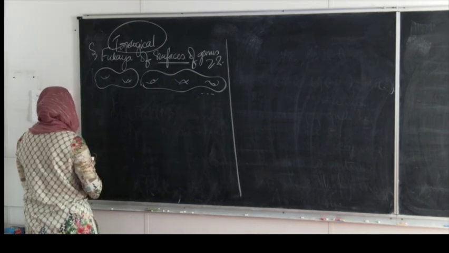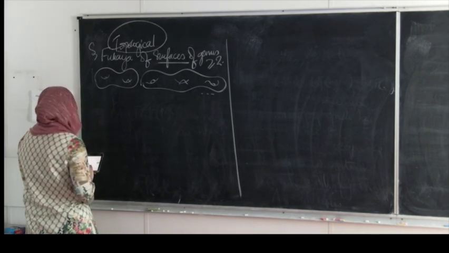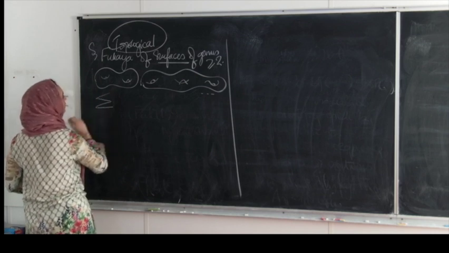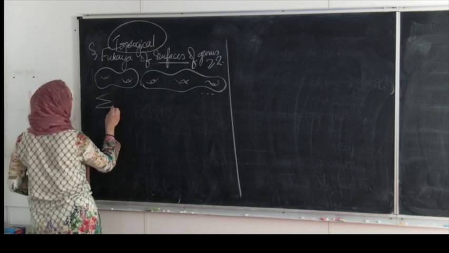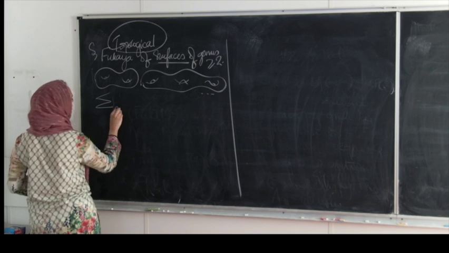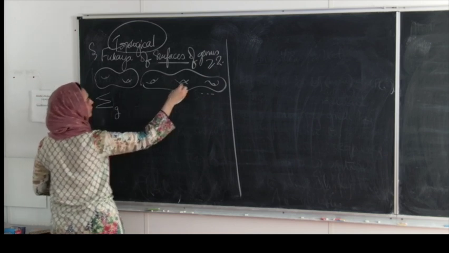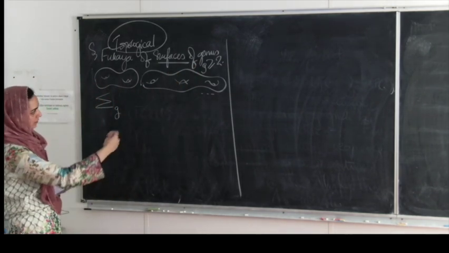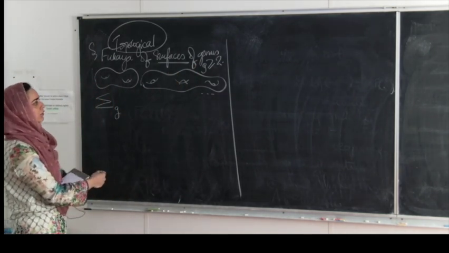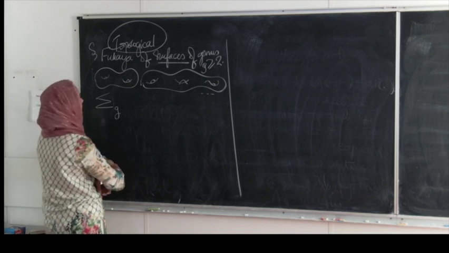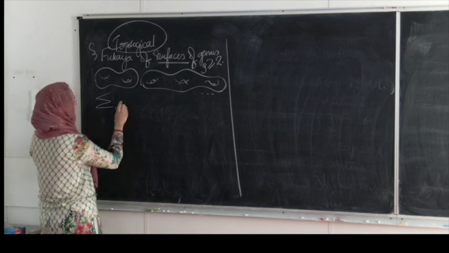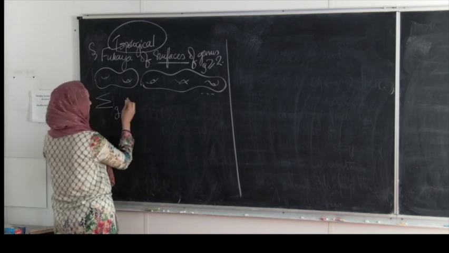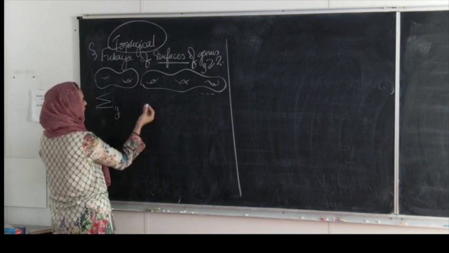So first of all, this sigma, which is of genus g, and that g is now throughout the remainder of this lecture going to be greater than or equal to 2, is a Riemann surface.